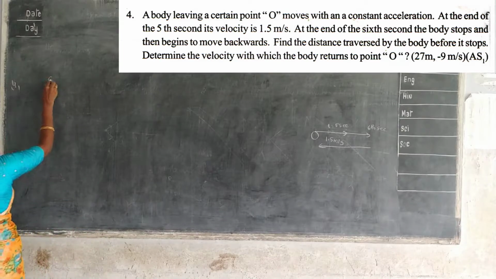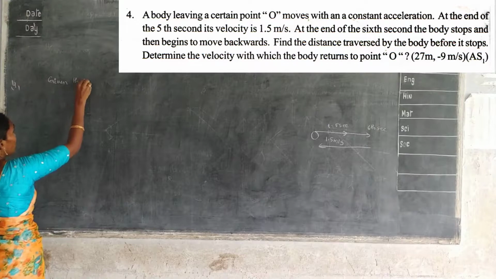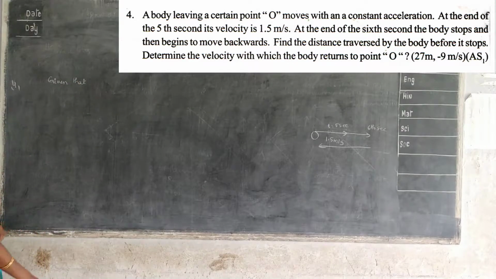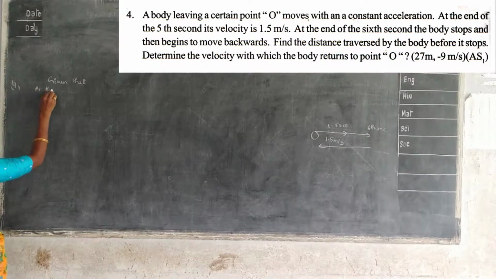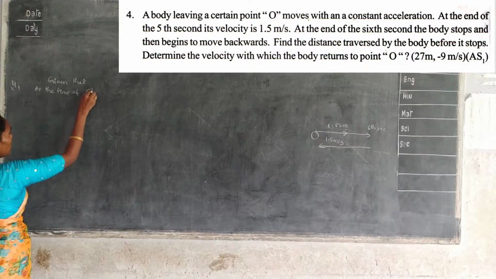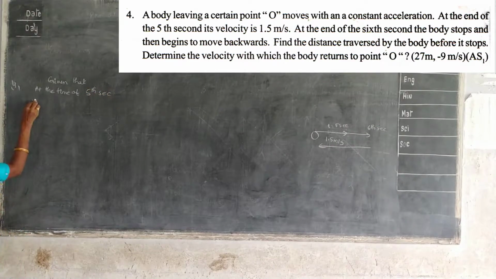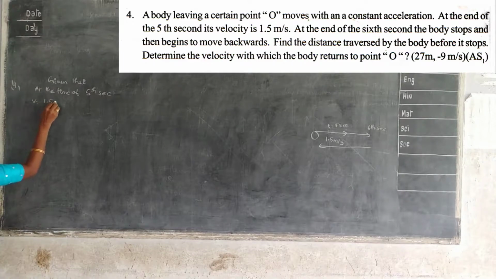Okay, given that the body is moving with a constant acceleration, at the time of 5th second, its velocity is 1.5 meter per second. That means it is a final velocity, Amma.